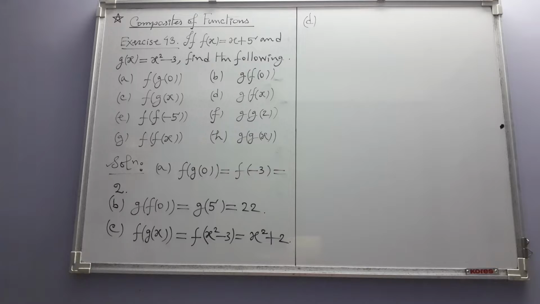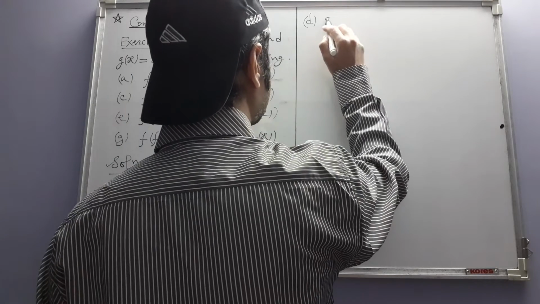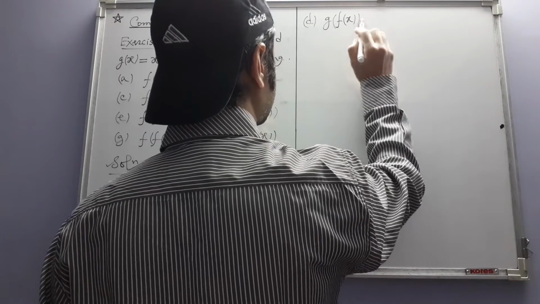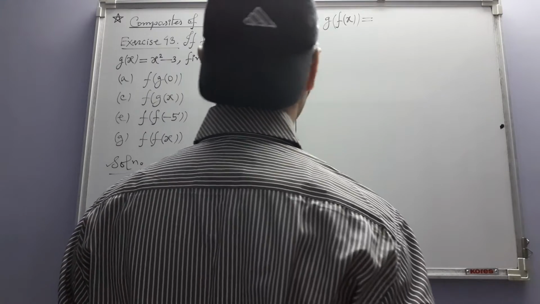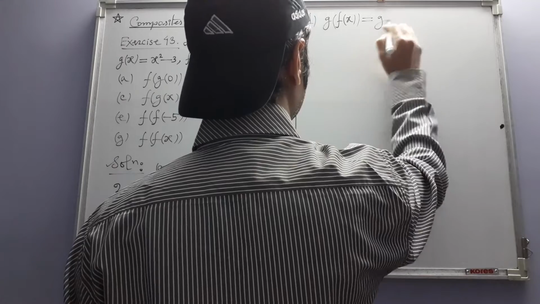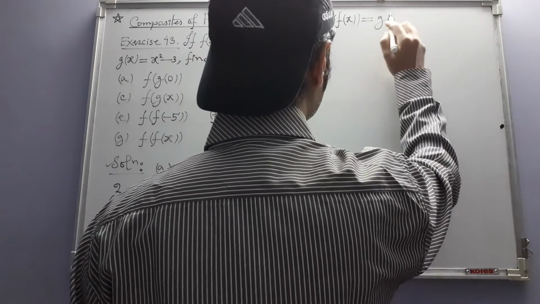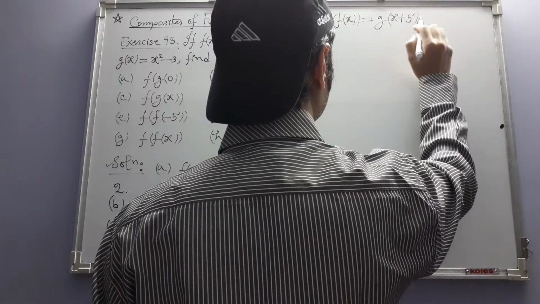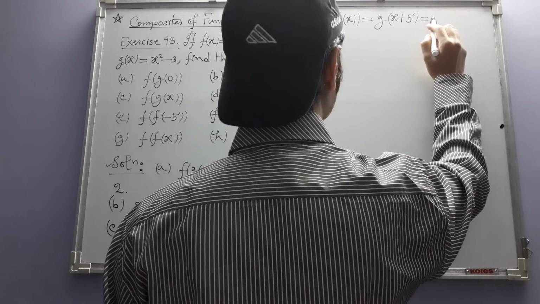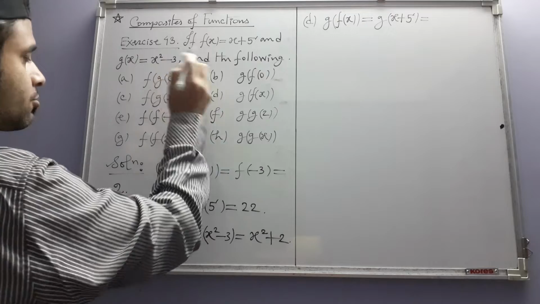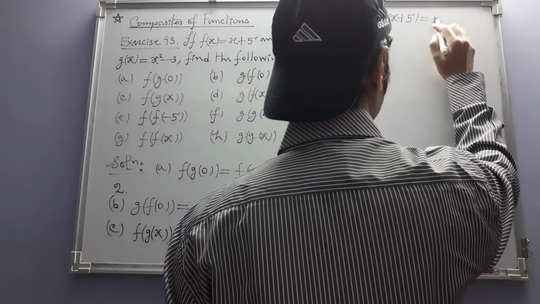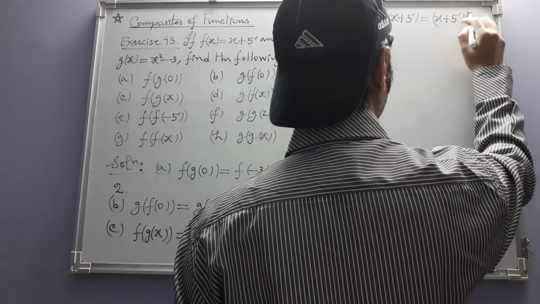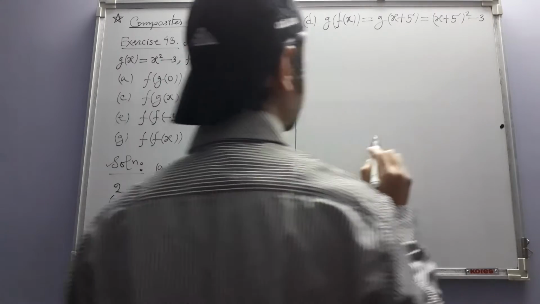Then D, g of f of x. F of x is x plus 5, and g is x square minus 3, so that means x plus 5 whole square minus 3.